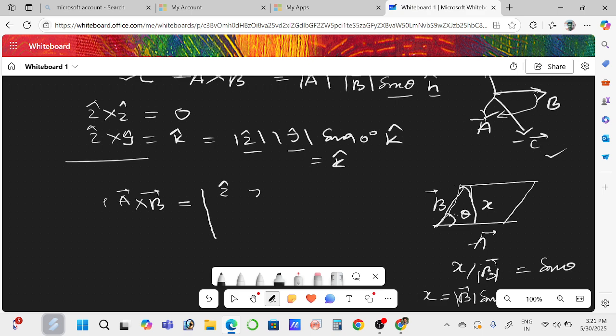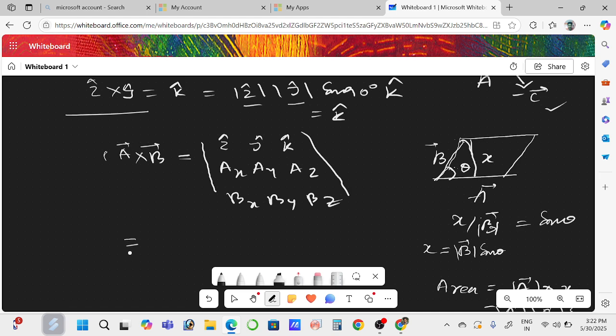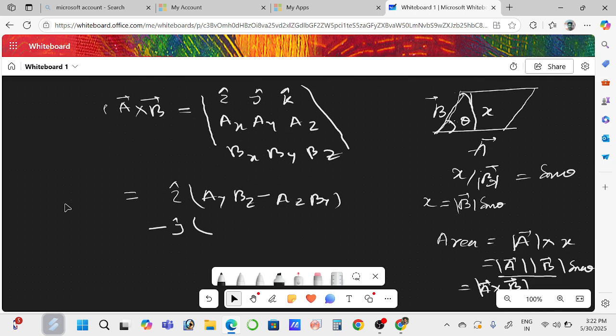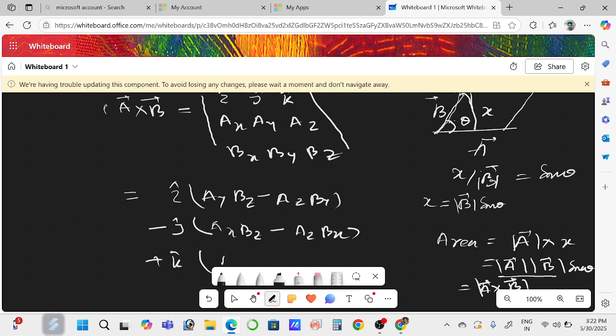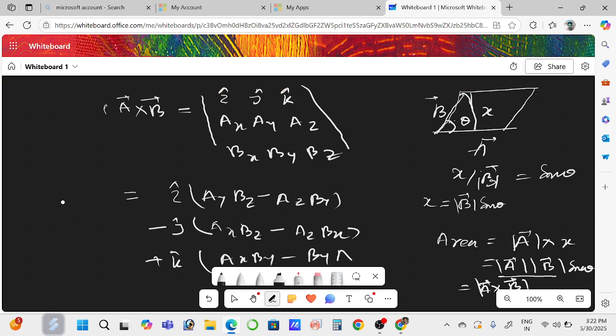If you have the components of A like ax, ay, az, so you can write down like this, and bx, by, bz, then you just expand the formula and you will get the cross product of A cross B. So this is i times (ay bz minus az by), minus j hat times (ax bz minus az bx), and the last one is k hat times (ax by minus ay bx). So in this way you can also find out A cross B.